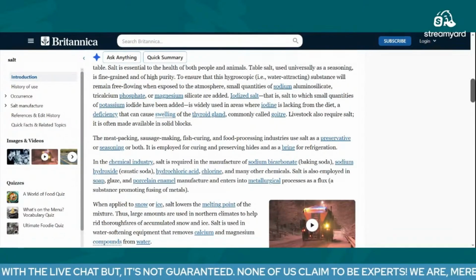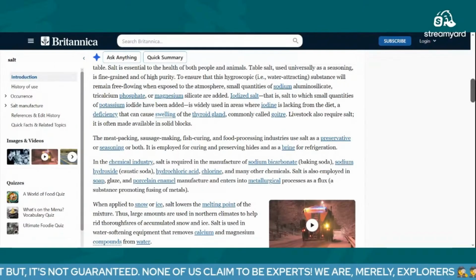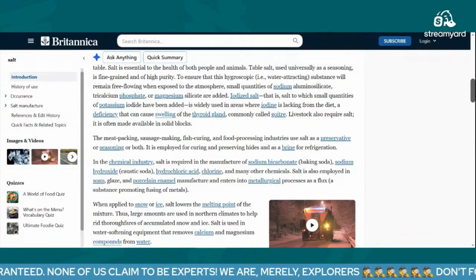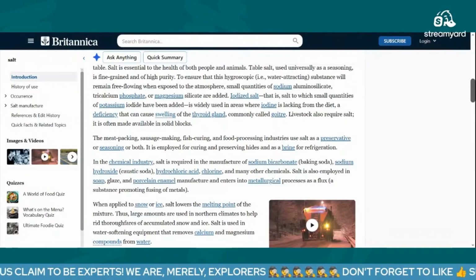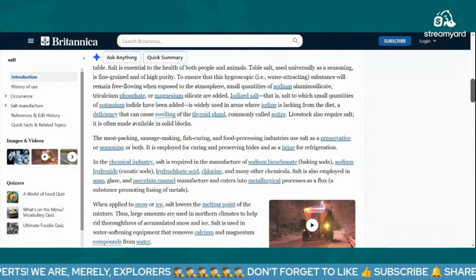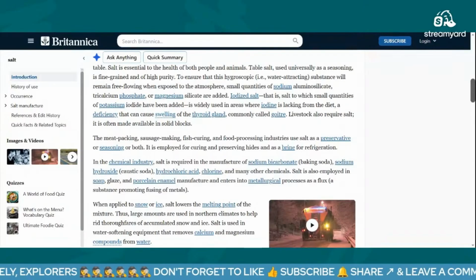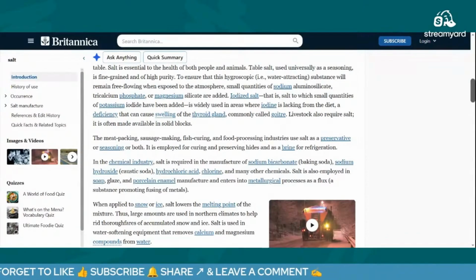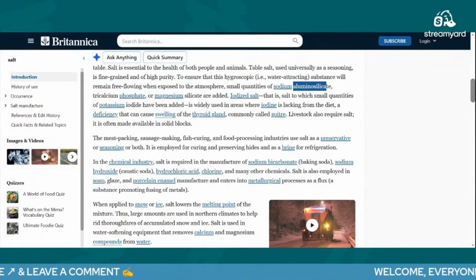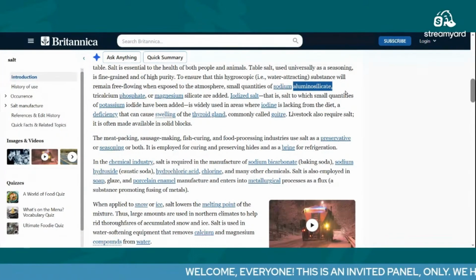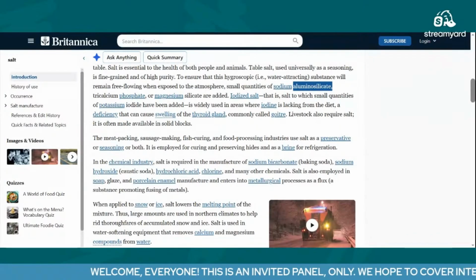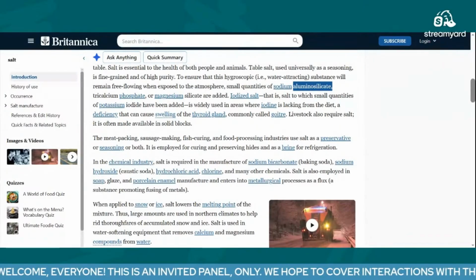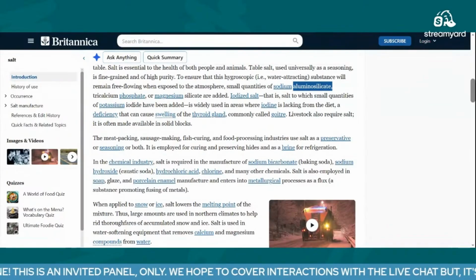To ensure that this hygroscopic, i.e. water-attracting, substance will remain free-flowing when exposed to the atmosphere, small quantities of sodium aluminosilicate, I don't think I've pronounced that correctly, tricalcium phosphate, or magnesium silicate are added.